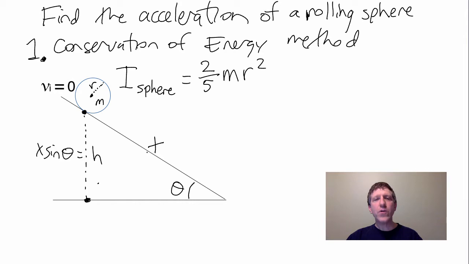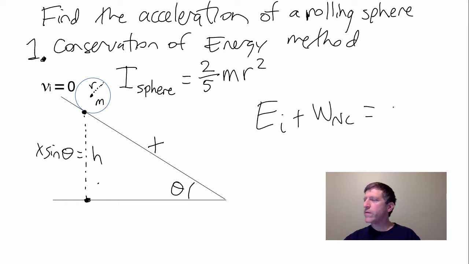Now let's go ahead and use energy conservation to figure out what's going on. Of course, our generalized energy conservation equation is going to be E initial plus work non-conservative equals E final. Now, we'll find out right now that friction, even though there actually is a force of friction here, is going to do no work.